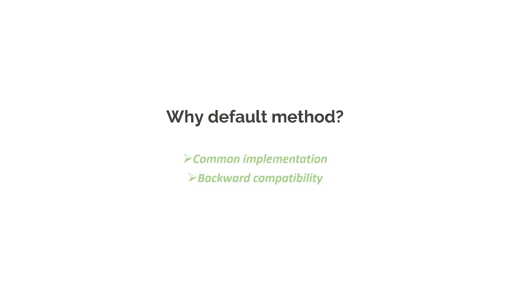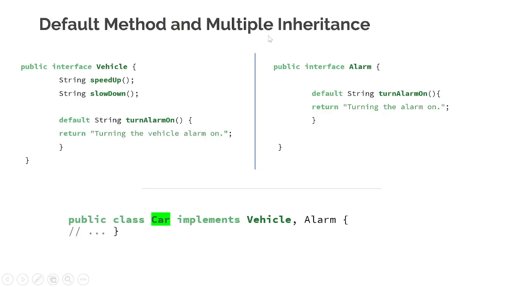Now let's see what the problem is in interfaces. Multiple inheritance is not possible at class level or abstract class level in Java. Why? Because suppose we are extending two classes, and both classes have the same method, then an ambiguity issue will come. That's why multiple inheritance is not supported in Java at class level or abstract class level.